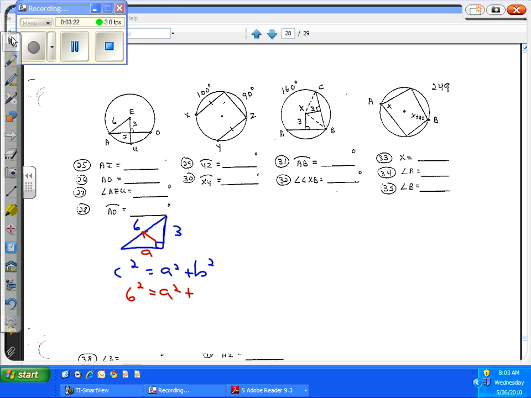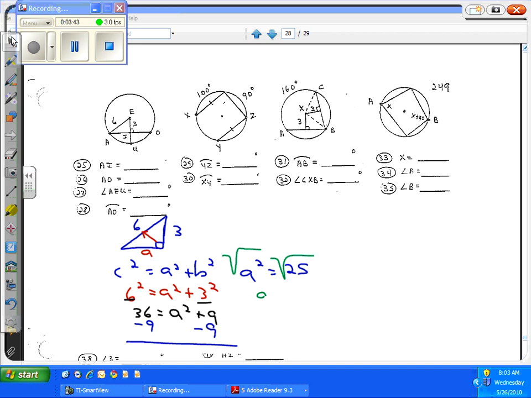We'll call it A squared plus the other side B, which is 3 squared. So we're going to have 36 is equal to A squared plus 9. Undo addition by subtraction. We're going to have A squared is equal to 25. Undo the square with the square root. And so we would have A equal 5.